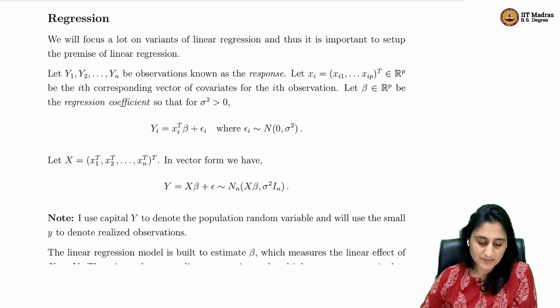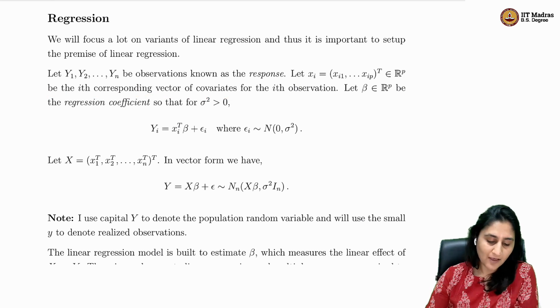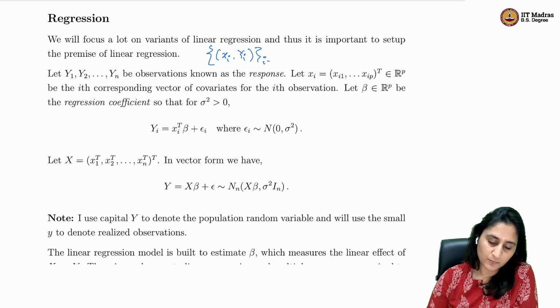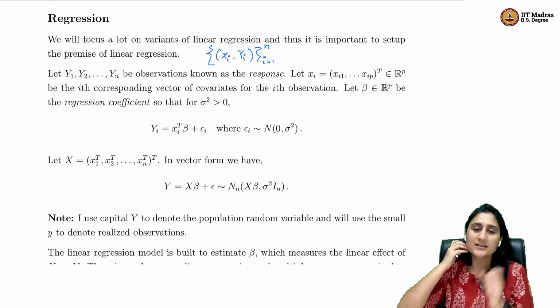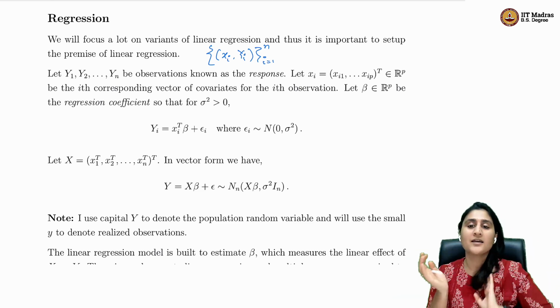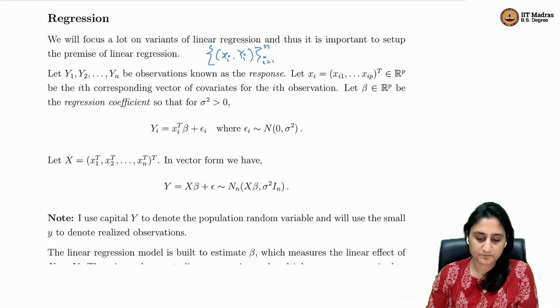So this is the ith vector of covariates for the ith observation. By the end of this, I'm going to have xi, this column vector, and yi. These, i going from 1 to n, are going to be my data. So each xi has a corresponding yi associated with it.